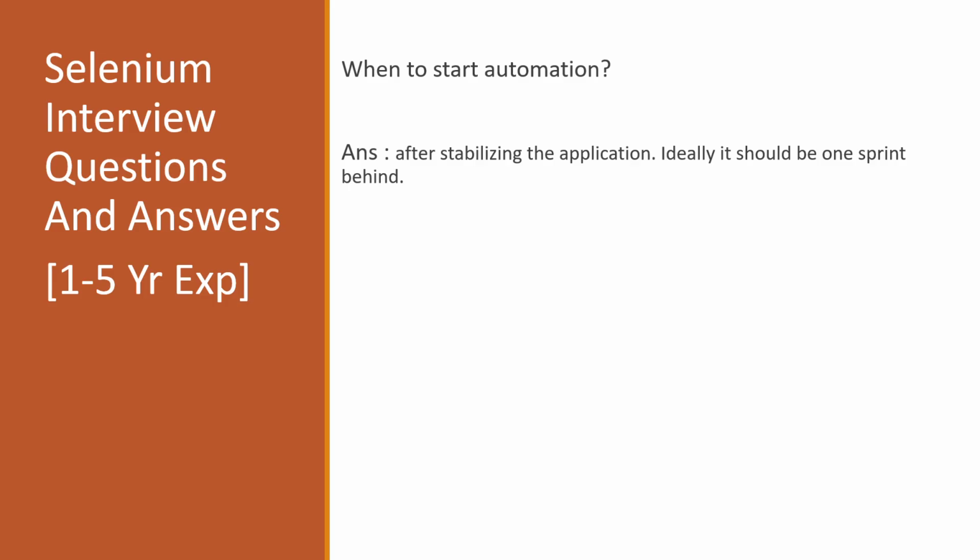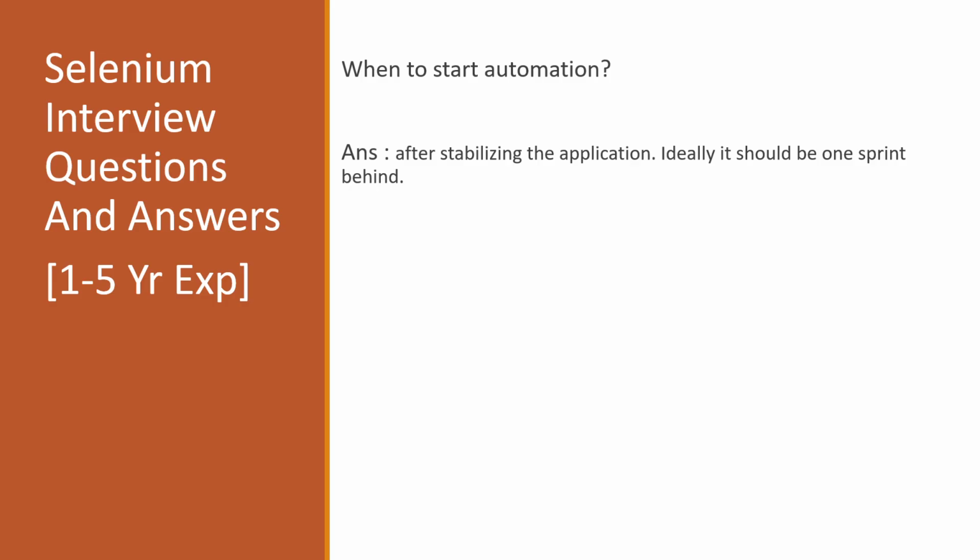But from the third sprint you saw those issues are already resolved by the development team, and you're good to go with the testing. Okay. So in that case you can say that, okay, from the third sprint our product is stable, then we can start automation from the third sprint itself.